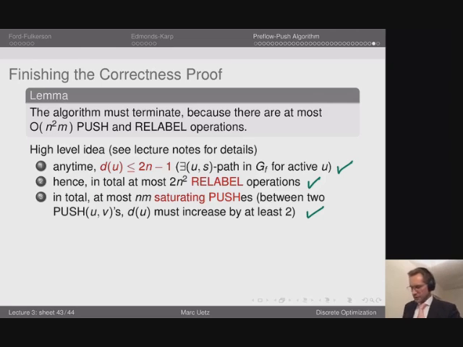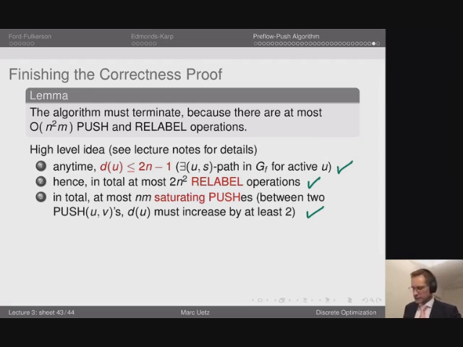Okay, so that means we are also fine with the third statement here. We have an upper bound on the number of saturating pushes, and the only thing that is still missing is an upper bound on the other pushes, the non-saturating pushes. In order to get this done, we relate it to the saturating pushes and to the relabel operations by the following trick.